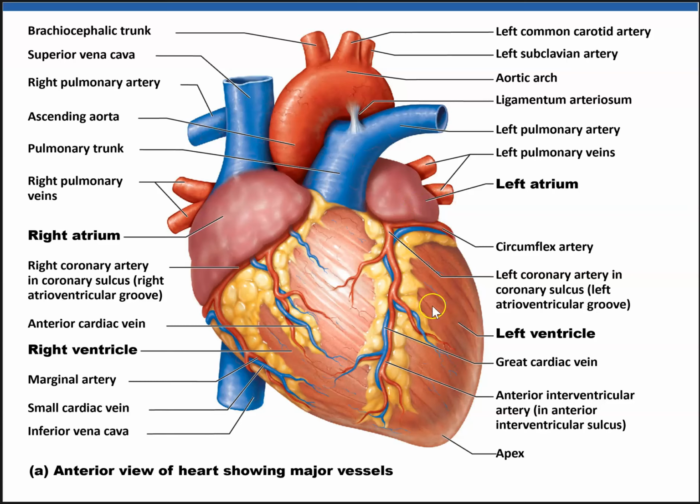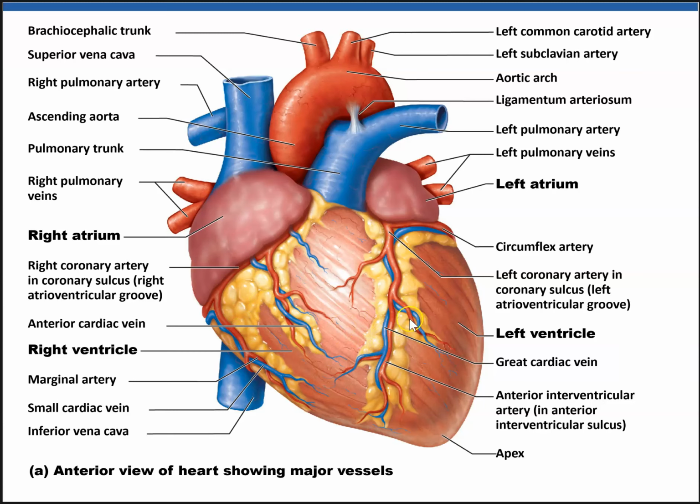Now, there are also some fat-filled grooves in the heart, which you call sulcus. Okay, the sulcus contain a lot of blood vessels. So the coronary sulcus is located between the atrium and the ventricles, and so you have the anterior interventricular sulcus and the posterior interventricular sulcus.